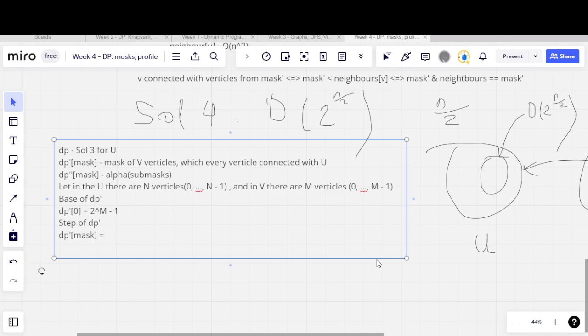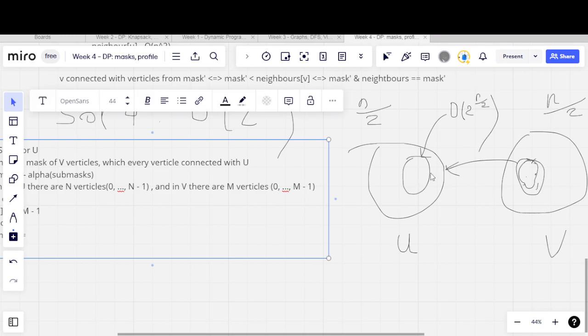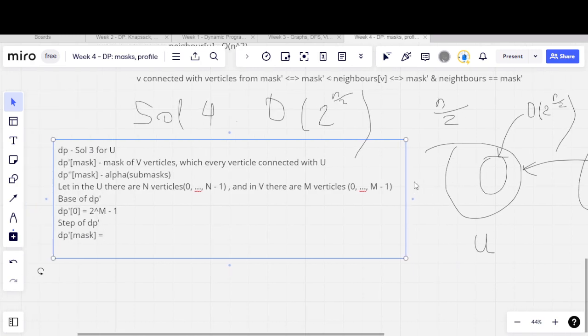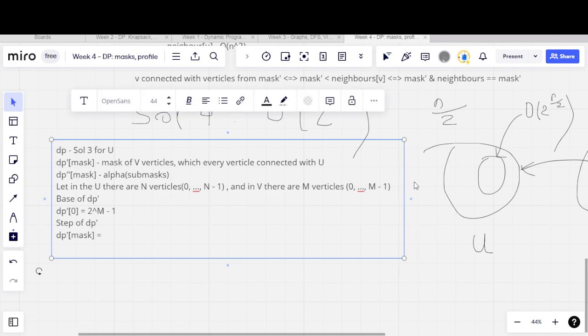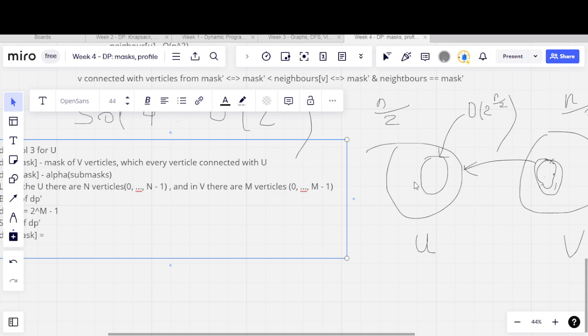We consider verticals without some oldest vertical, and we consider doing what?